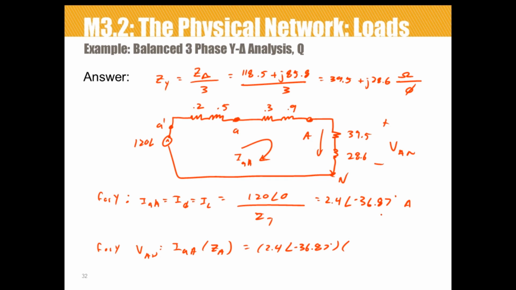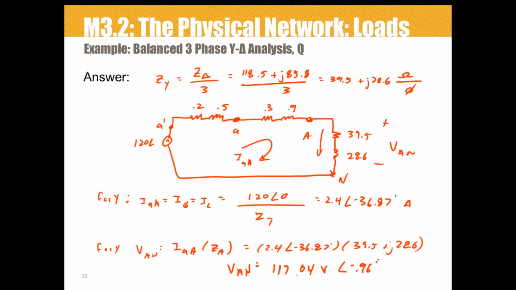We then multiply that by the load impedance ZA, 39.5 plus J28.6, and you get a phase voltage for the Y equivalency circuit of 117.04 volts at an angle of negative 0.96 degrees. Okay.